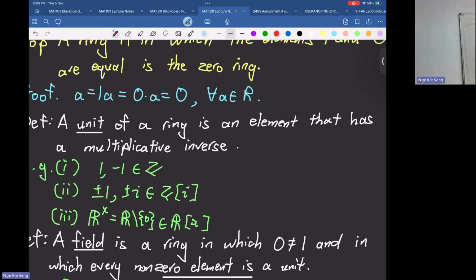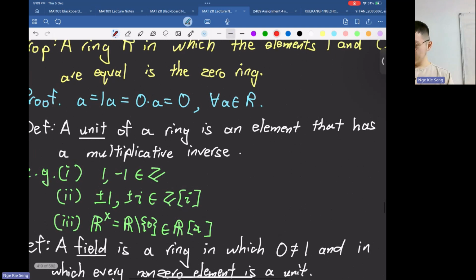This one is an element, right? Element of. So this is a set, a subset of R[x]. So we should use subset here.